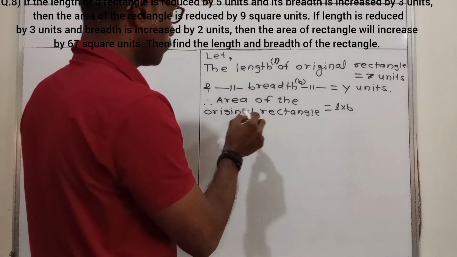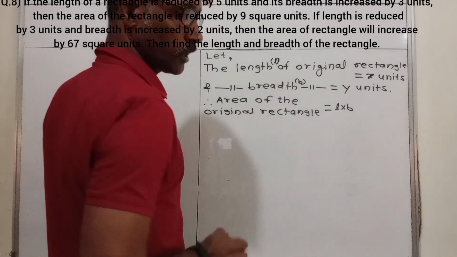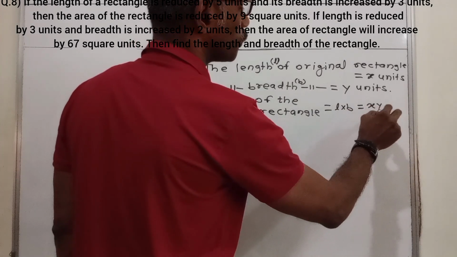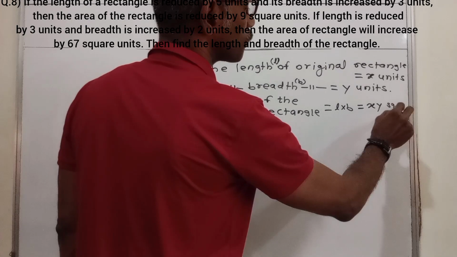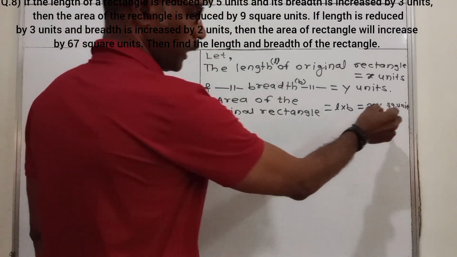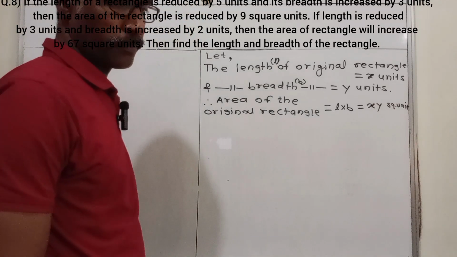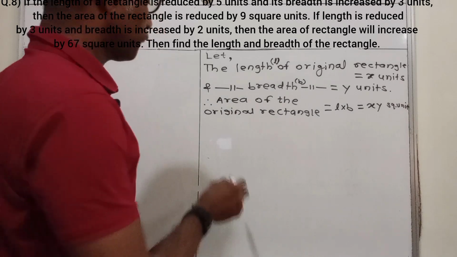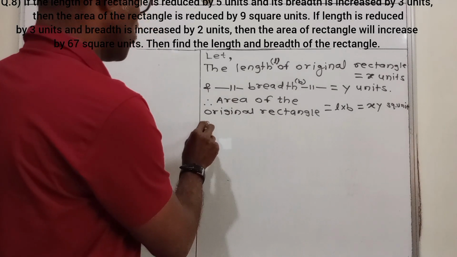Area of the original rectangle is equal to L into B is equal to X into Y square units. Did you get it? XY square units. This is the area of the original rectangle. Now see here.